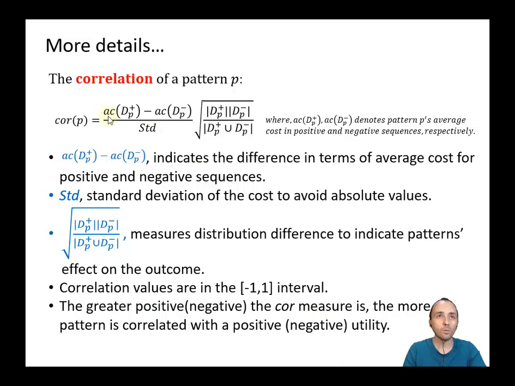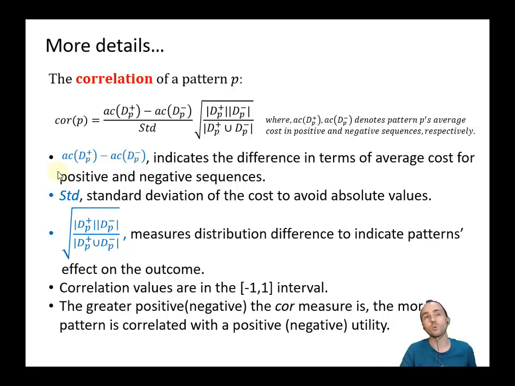Here we have more details in this slide. Why do we subtract the average cost in positive sequences and negative sequences? We do this because we want to see if there's a difference in terms of cost between the people that have the positive and negative utility. For example, if we go to hospital, 2 persons do the same treatment, but one spends 10 hours, the other 5 hours, there's a big difference, then maybe the outcome, to cure or to die, will be different.